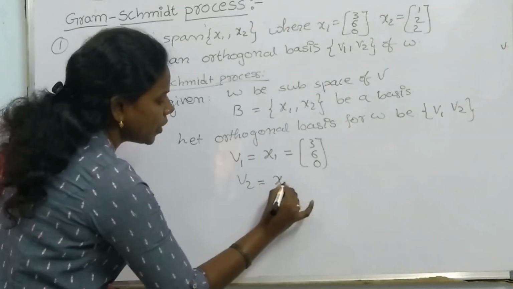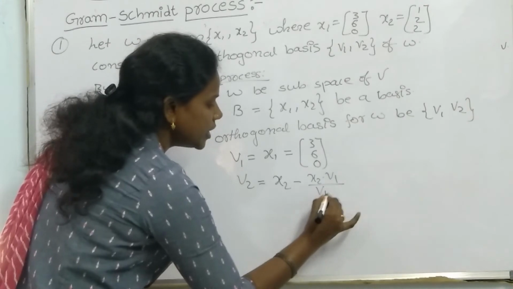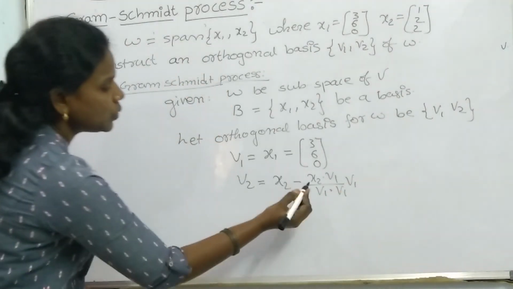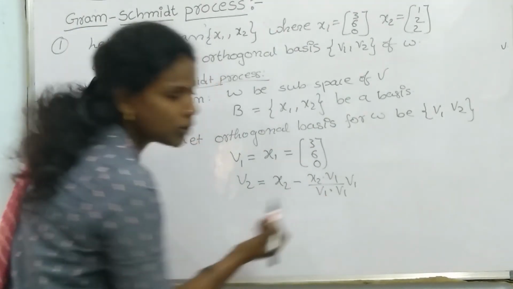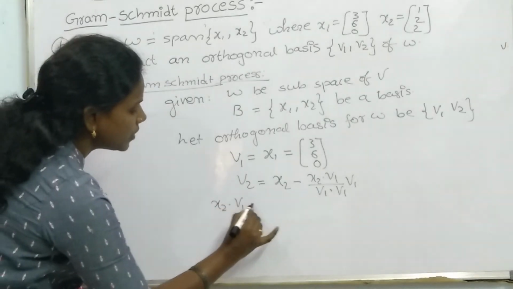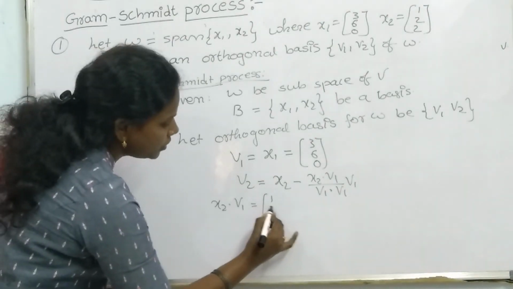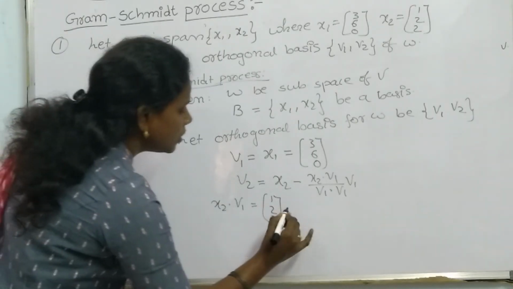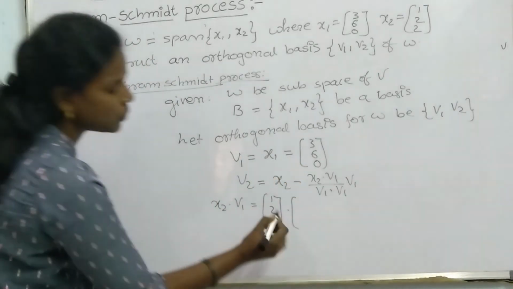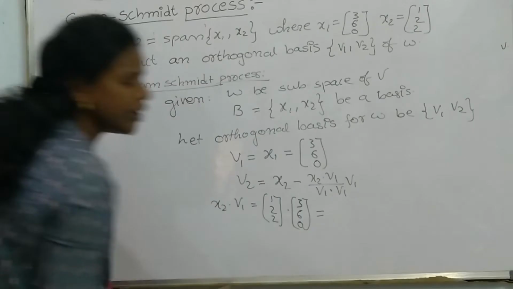V2 equals x2 minus x2 dot V1 by V1 dot V1 into V1. So for this we just need to find the inner product x2 dot V1. We know x2. What is x2? (1, 2, 2). Dot V1. What is V1? Here V1 is (3, 6, 0). So do the inner product.